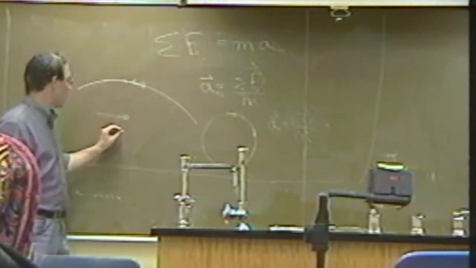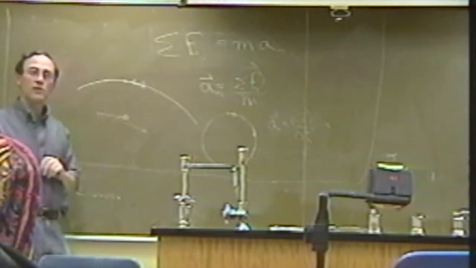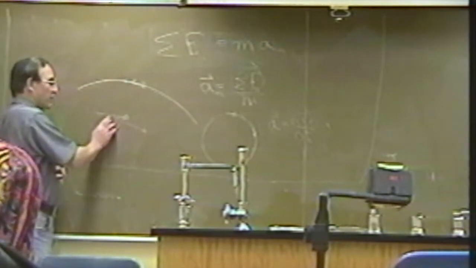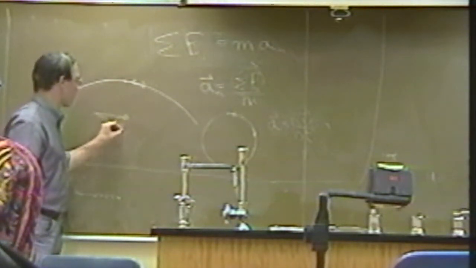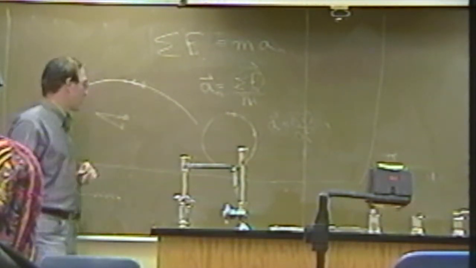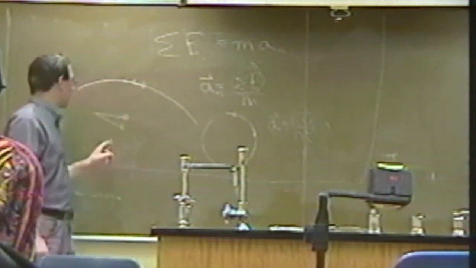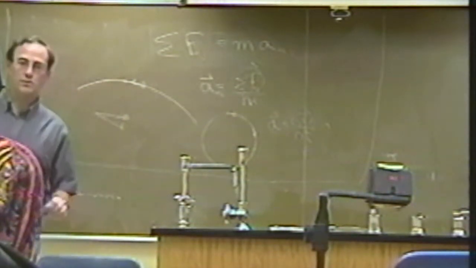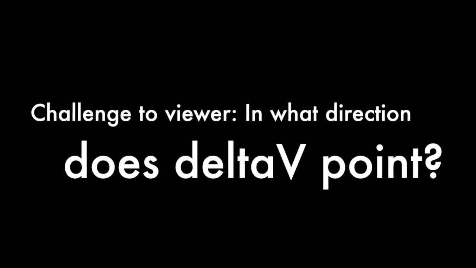And the other one will be slightly bent relative to it. Now I can move that vector, it's just information. It doesn't matter where I put it, I'll put it here. I didn't change anything, just moved it. So now tell me, where is delta V? What direction is delta V pointing?